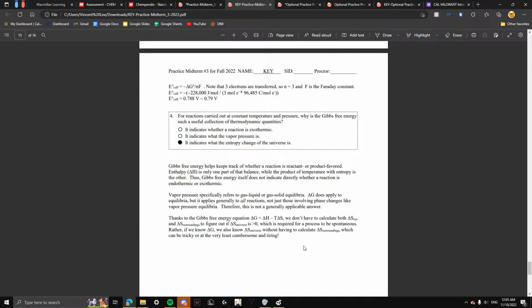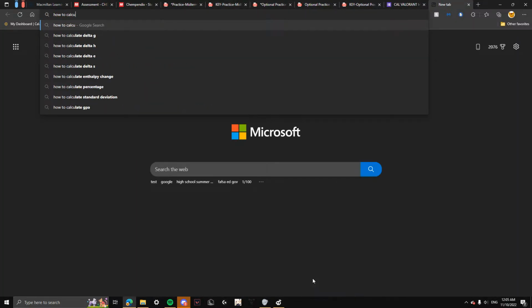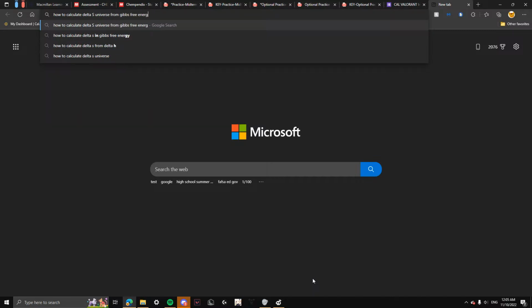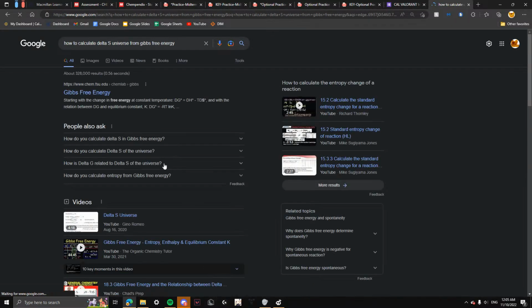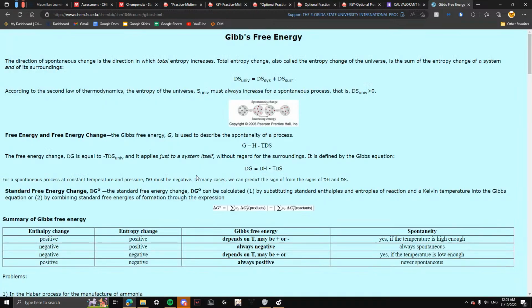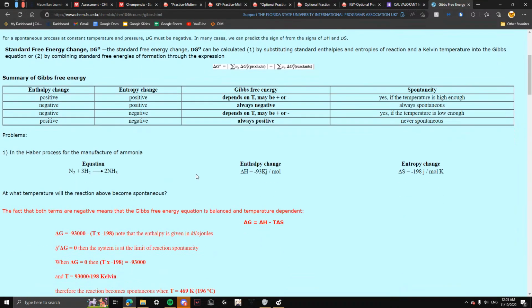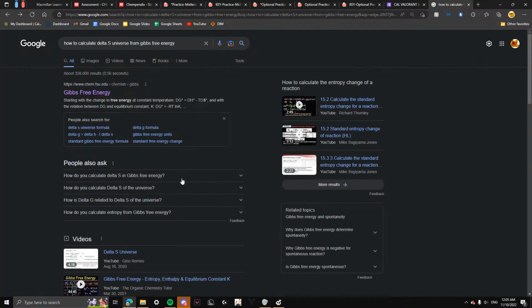I have no idea how to calculate this. I have no idea what they're saying here. Wait. How to calculate delta S universe from Gibbs free energy. Let's see. It's not here.